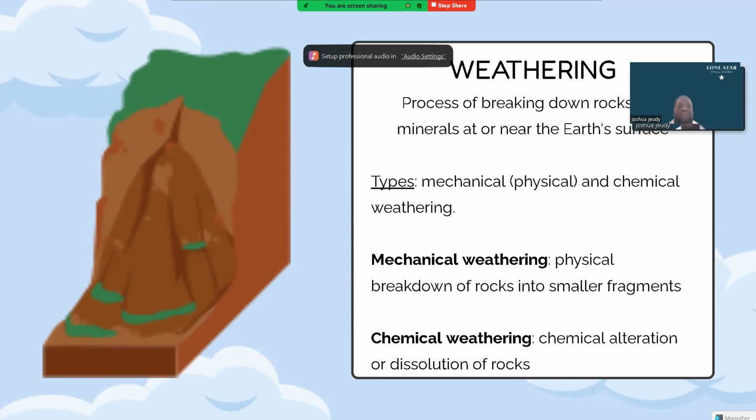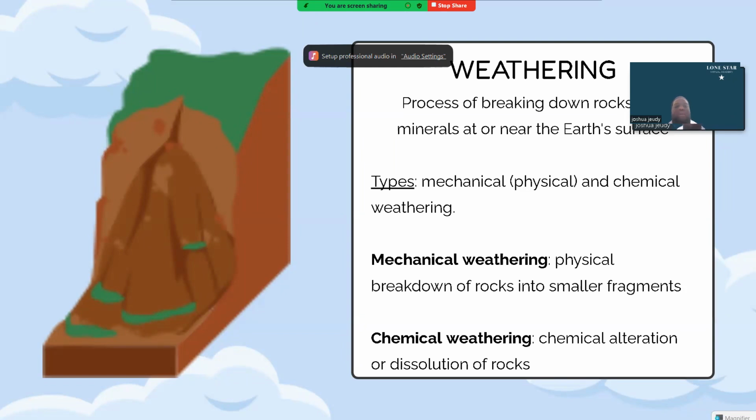Let's say we got some bucket of dirt and we poured a ton of water on it. What's going to happen to that dirt? It's going to turn into mud. So that kind of weathering breaks it down, liquefies it, but it stays in that bucket. It just breaks down naturally.